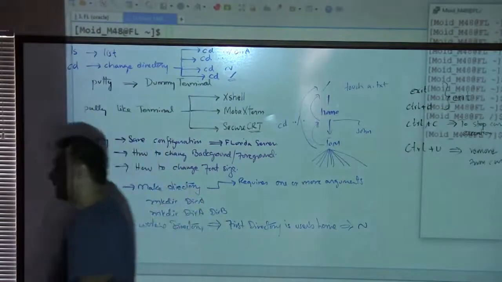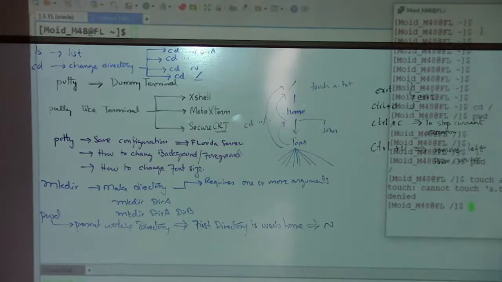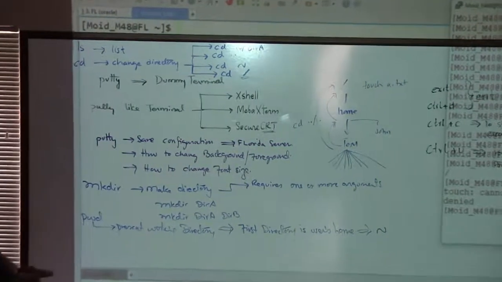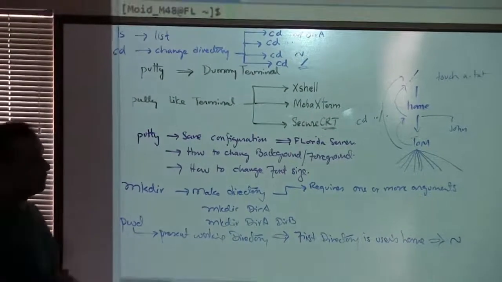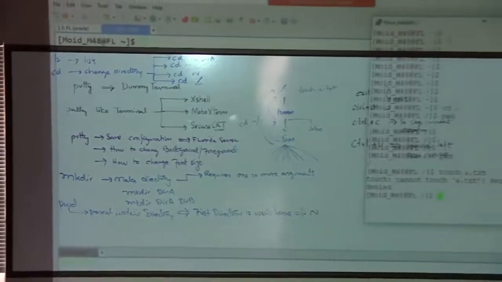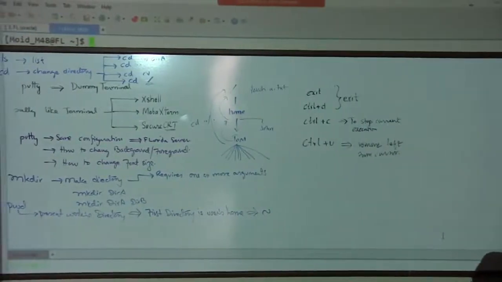At this time I will say touch a.txt, and it gives you the immediate result saying that you cannot do this, because you are not in your home, you are on someone else's property. The permission is denied there now.